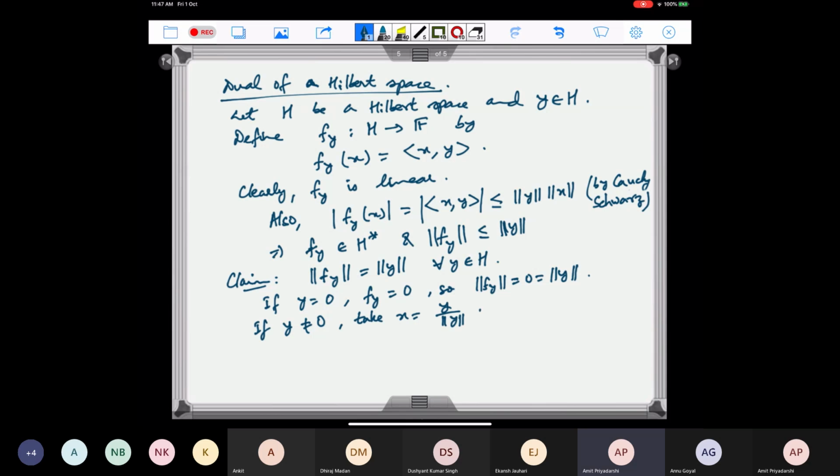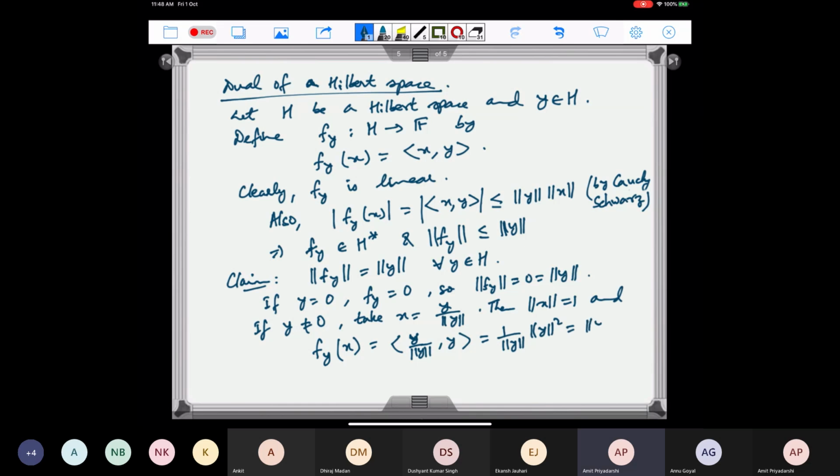So then the norm of x is equal to 1, and what is F_y of x? This is y by norm y inner product with y, which is equal to 1 by norm y times norm y squared.